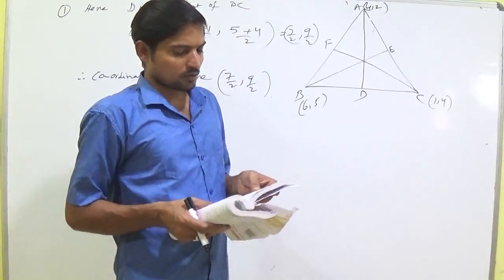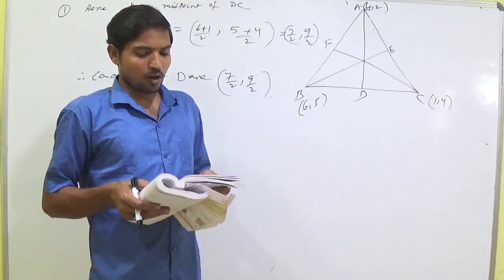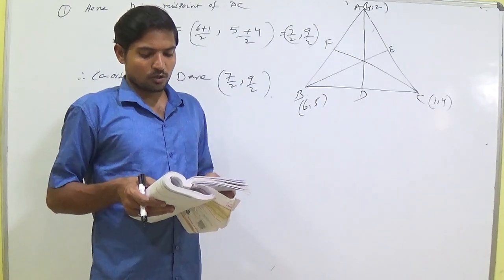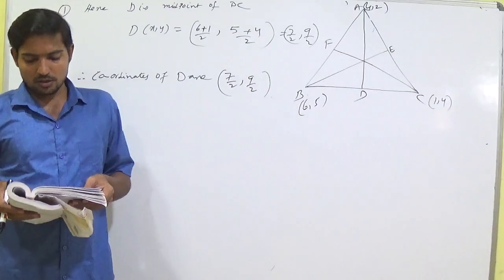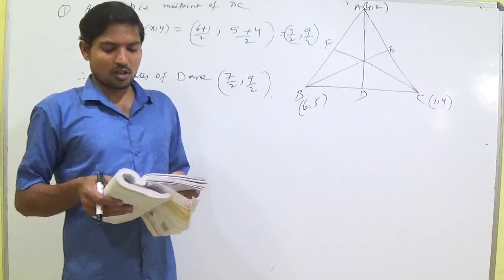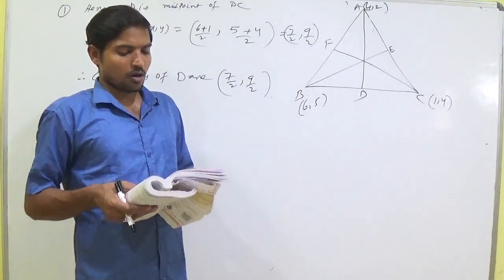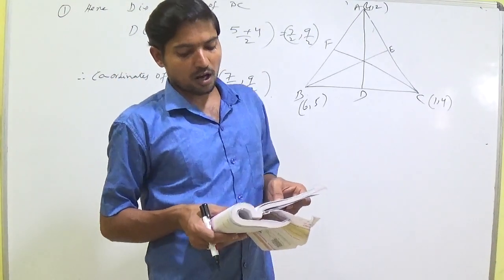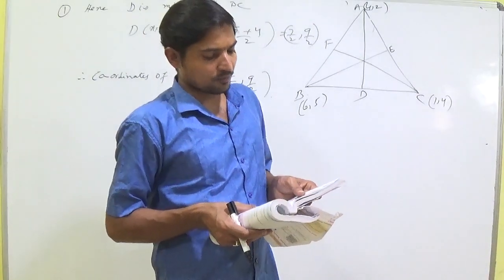Then use the section formula and find the coordinates of P. Find the point which divides the line segment AD in the ratio 2:1 and also divides the line segments BE and CF in the ratio 2:1.